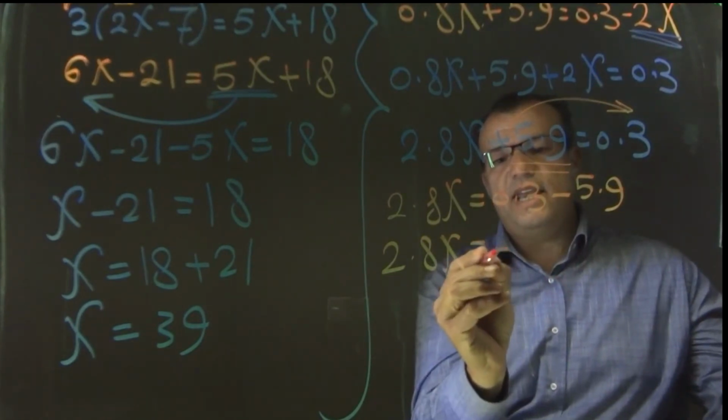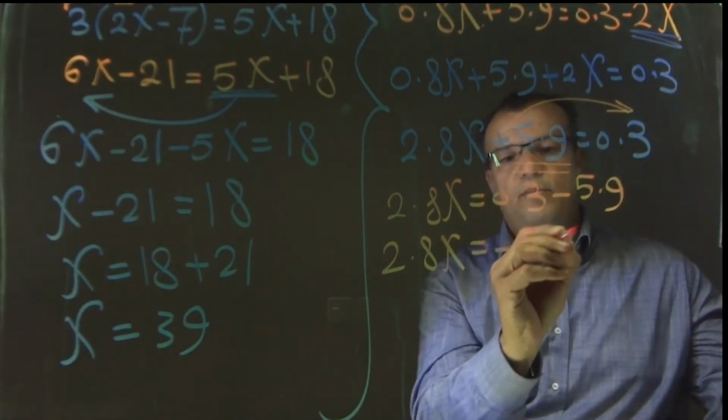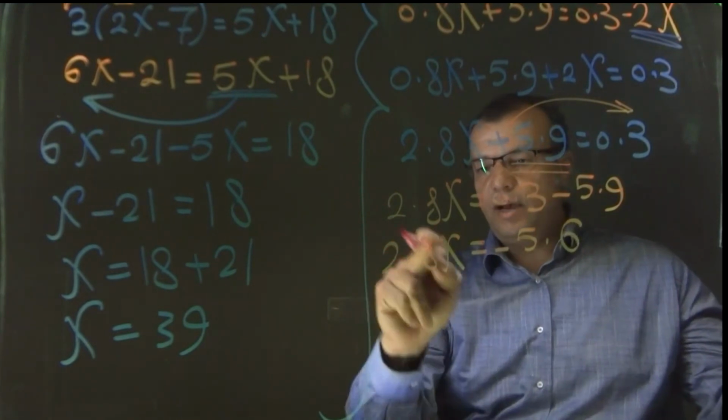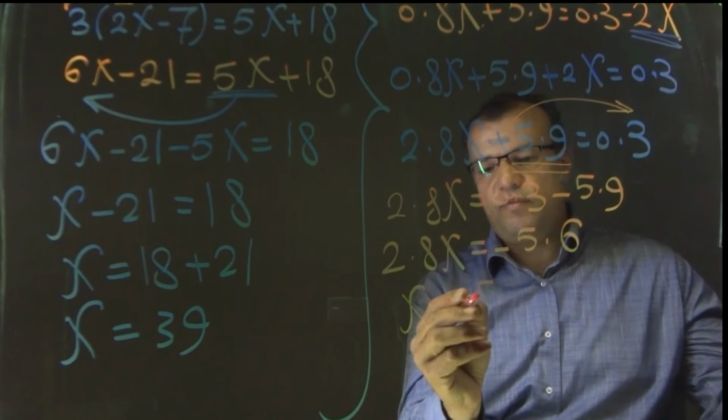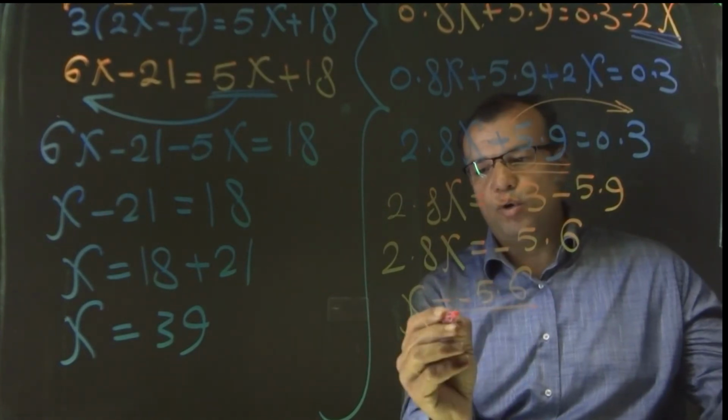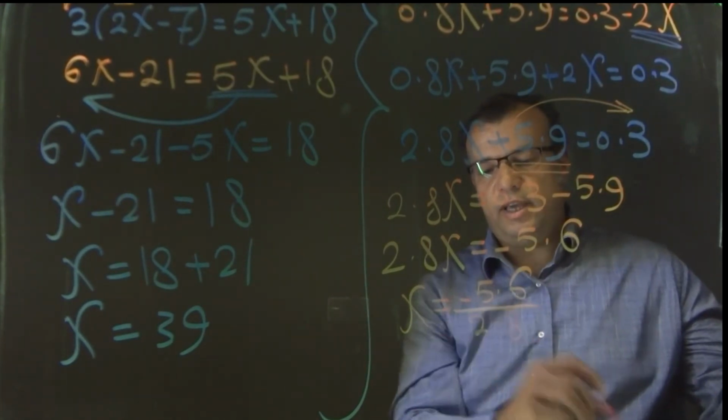This is negative 5.6. Now you can divide, so x = negative 5.6 over 2.8.